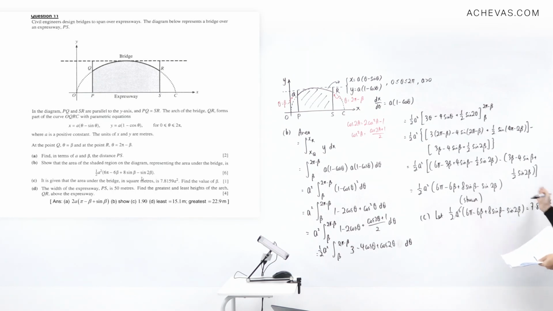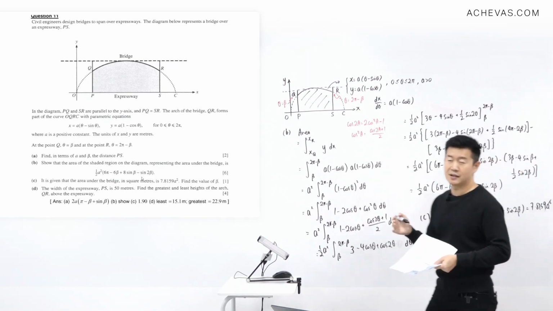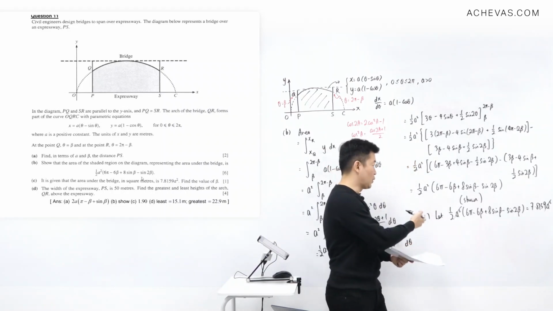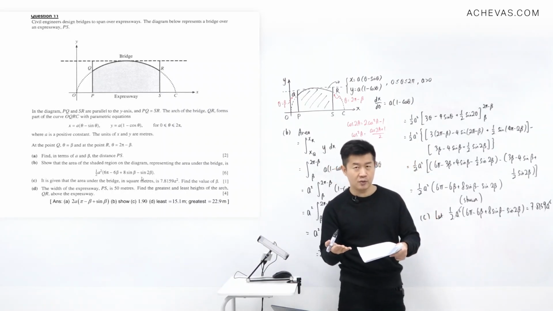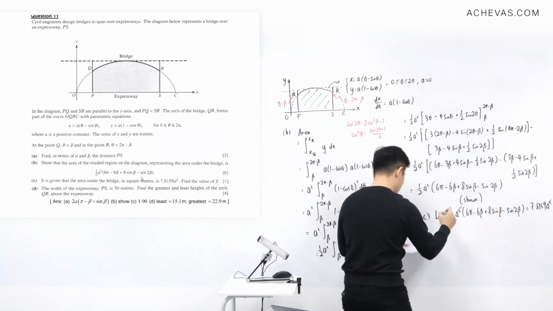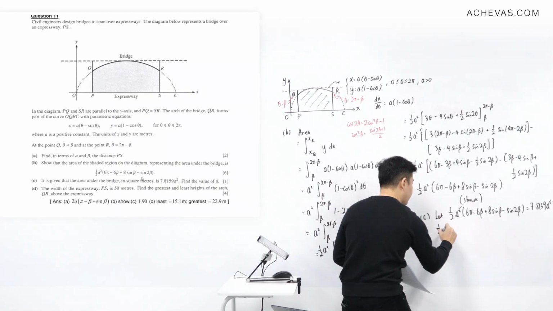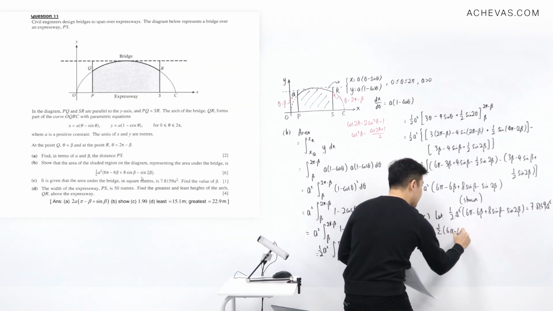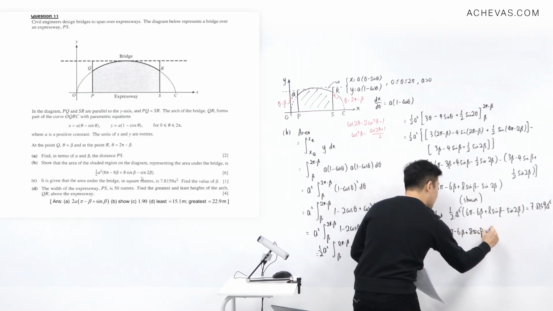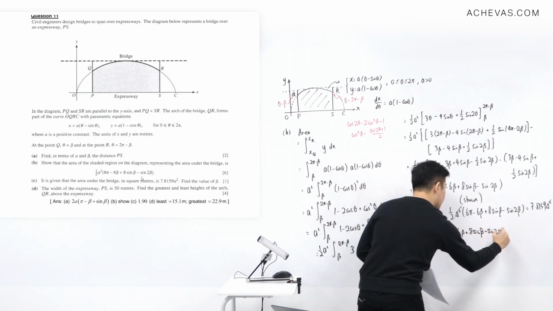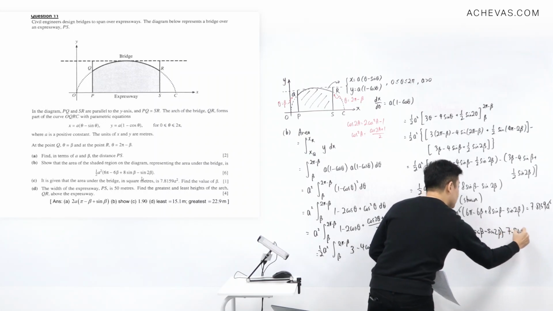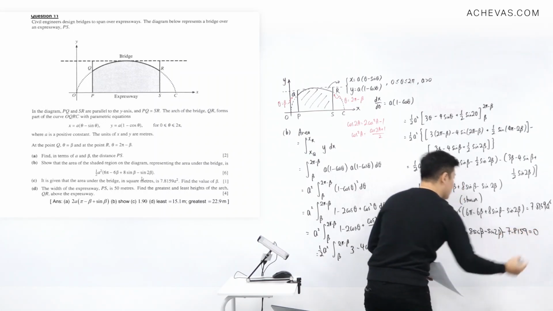And I think I'm going to bring everything over to the left-hand side. Okay, I think it will be easier for me to solve it because I'm going to be sketching the graph of this onto my graphing calculator and solve it by using the graph. So I'm going to bring this over to the left-hand side, which will give me half of (6 pi minus 6 beta plus 8 sine beta minus sine 2 beta) minus 7.8159 is equal to 0.